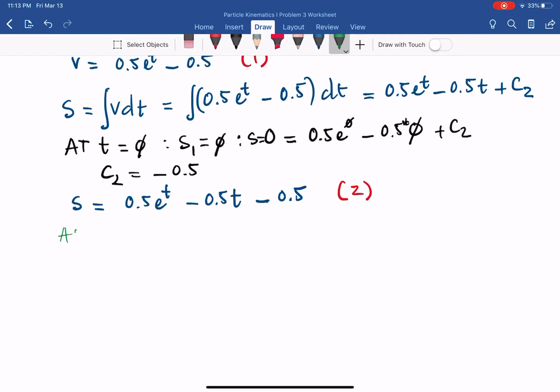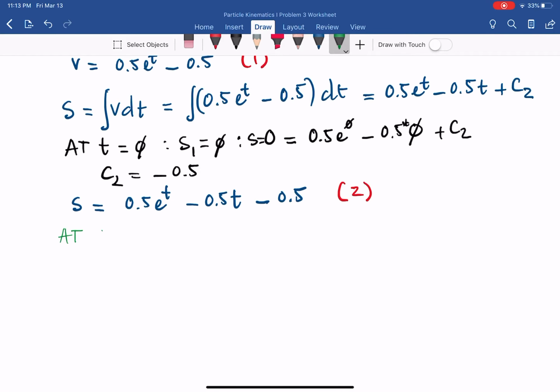So we can say at s, the distance, equal to 18 meters. So we can plug into that equation: 18 equals 0.05 e^t minus 0.5 t minus 0.5.